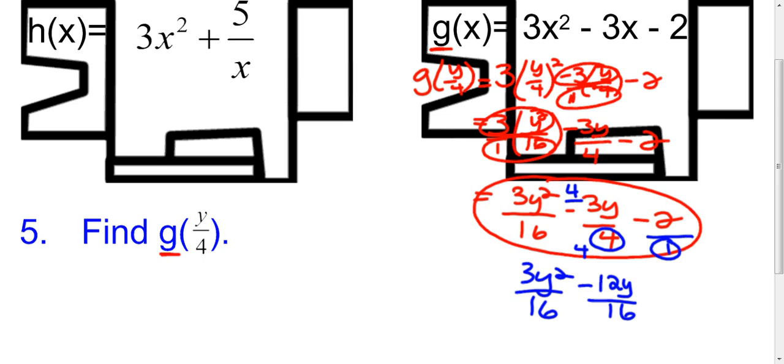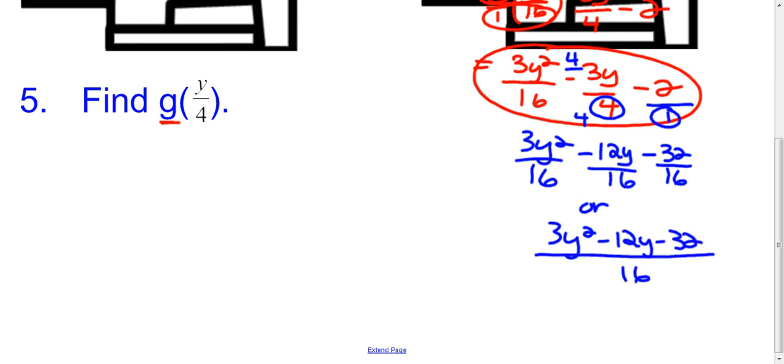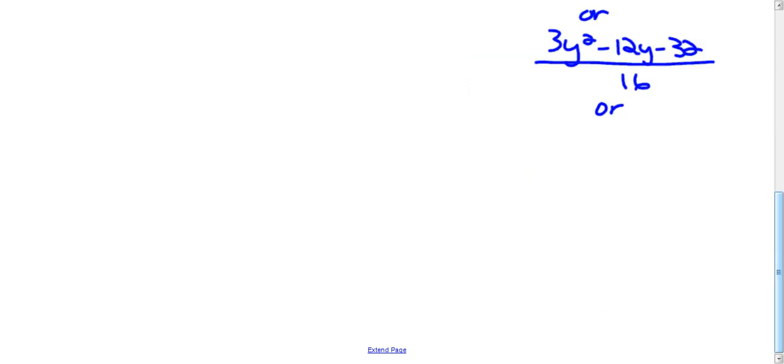So you'd multiply top and bottom by 16, and you'd get negative 32 over 16. And then it might have it written like that, or it might have it written like this, all over 16, like that. Or it might have it written like this, with the 1/16 in front, and then 3y squared minus 12y minus 32. It is all the same thing.